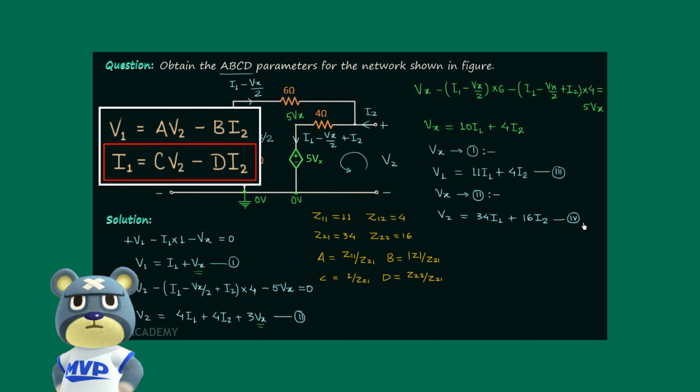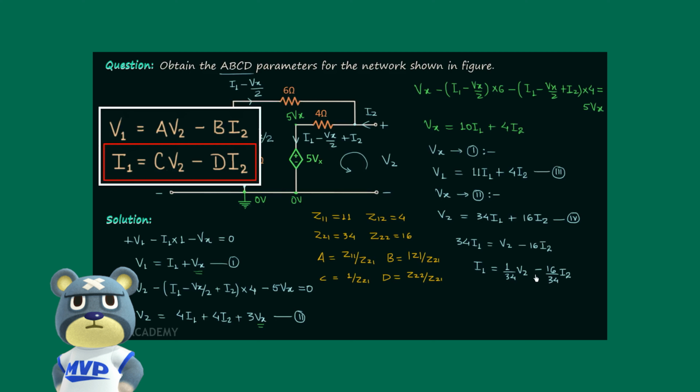So we will rearrange equation number 4 and we can write 34 I1 is equal to V2 minus 16 I2, or we can write I1 is equal to 1 divided by 34 V2 minus 16 divided by 34 I2.